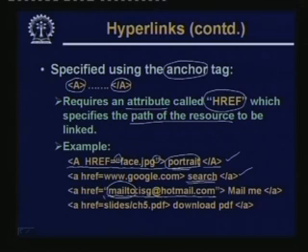So, whenever you specify this kind of anchor tag, mail me is the text between. This mail me will be displayed in a highlighted way. If you click on this mail me, then a mail sending window will automatically come with isg@hotmail.com as the destination address.